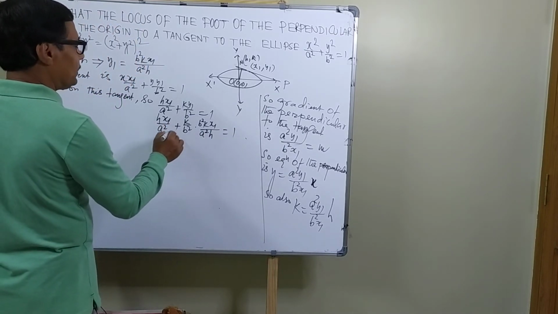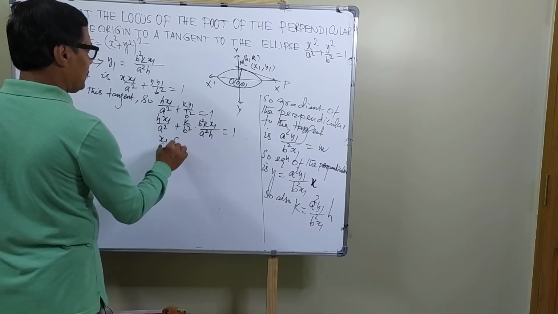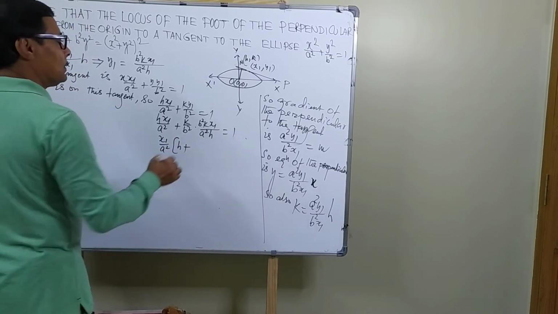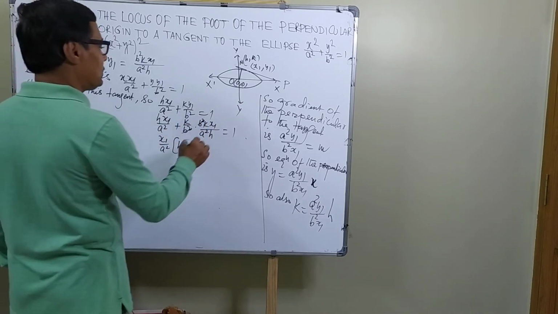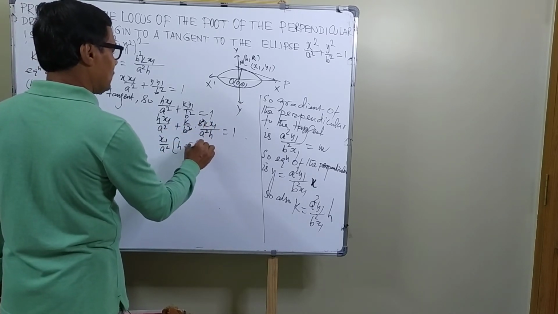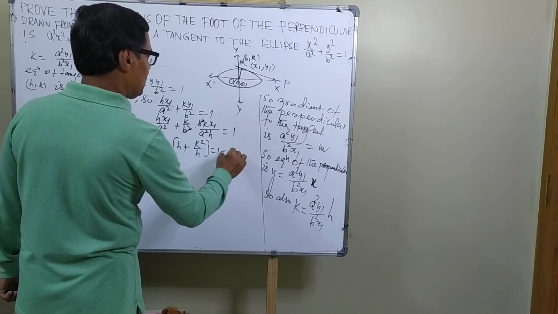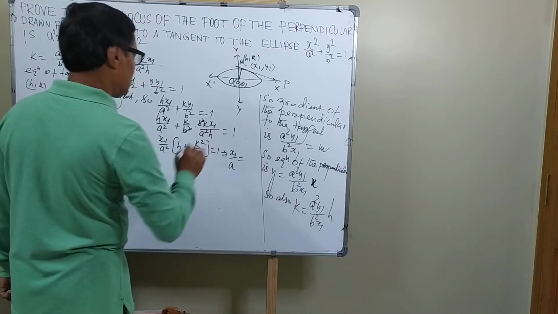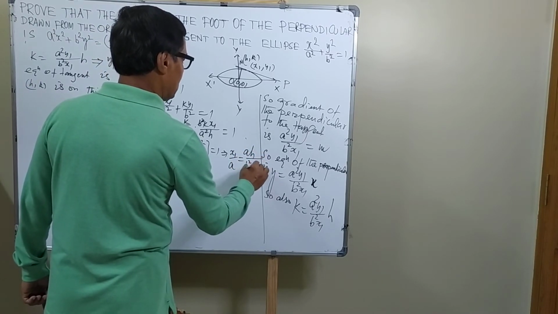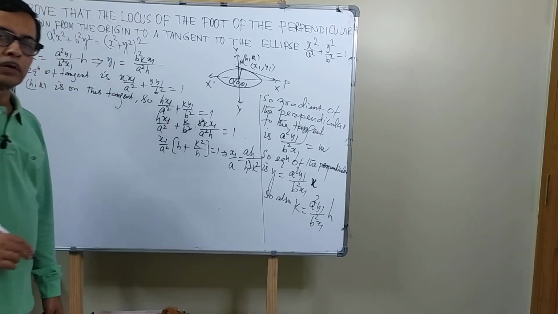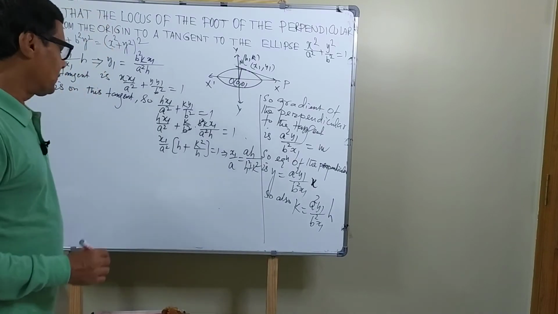Now x1 over a square times h plus k square over h, as b square cancels out, equal to 1. This implies x1 over a equal to a h over h square plus k square. We have got x1 over a equal to a h over h square plus k square.